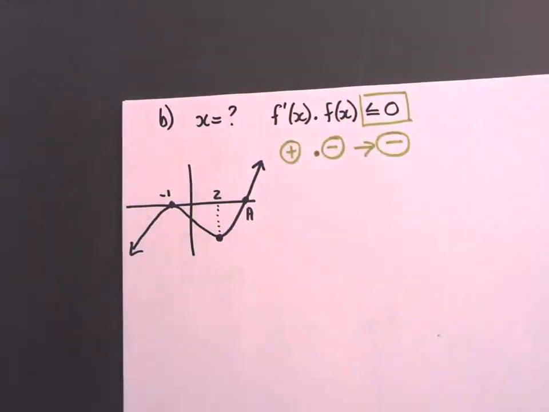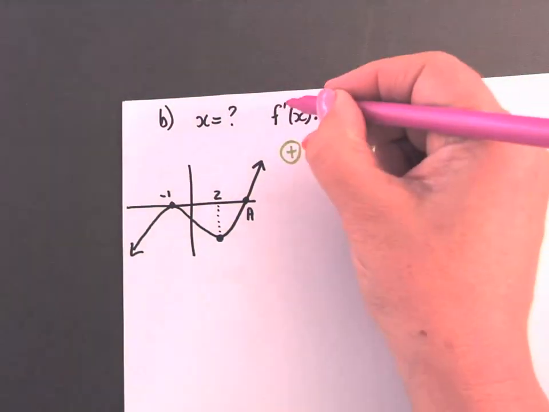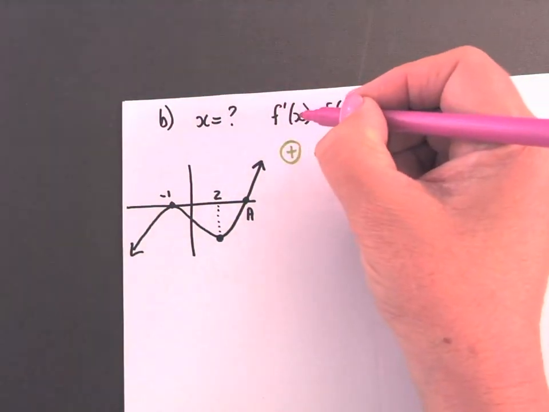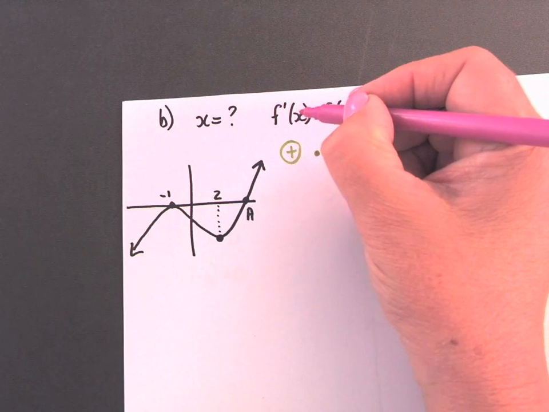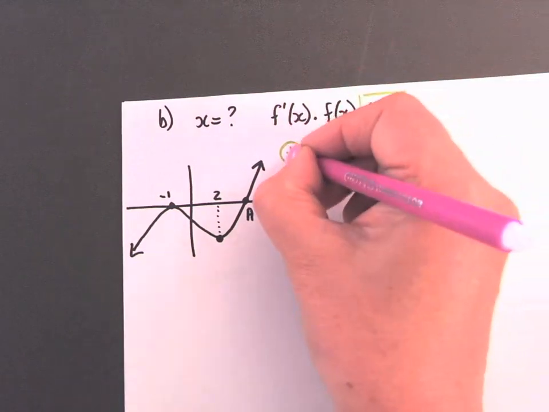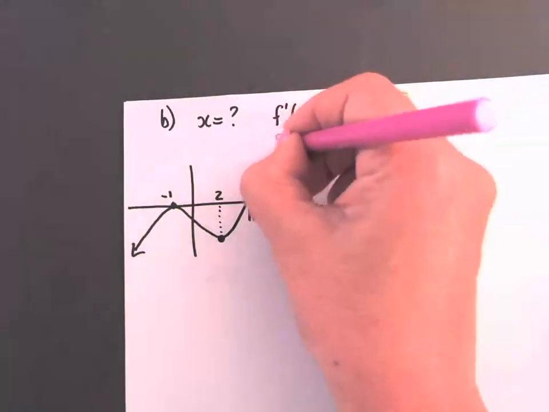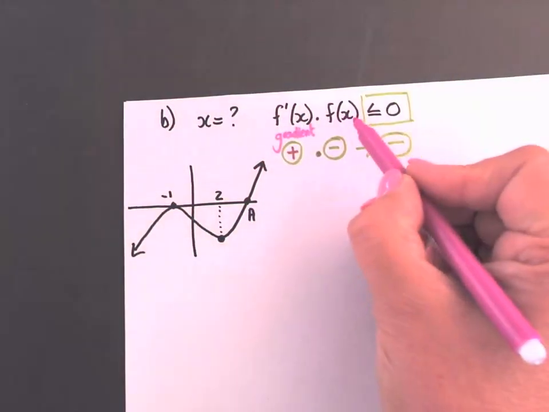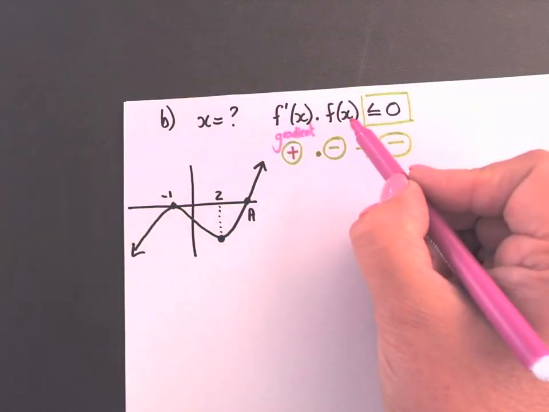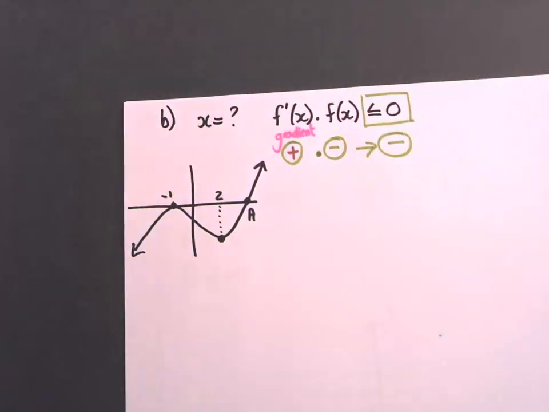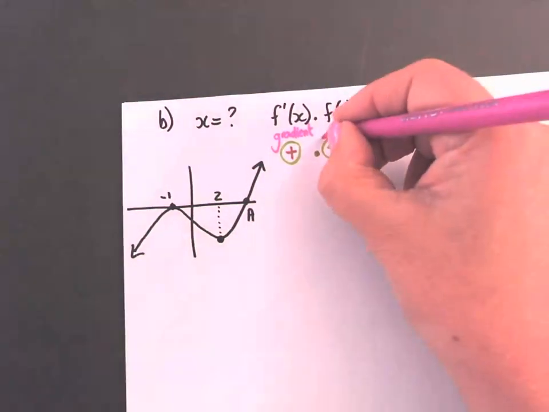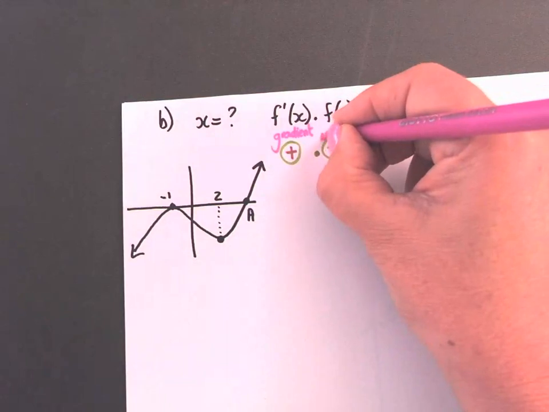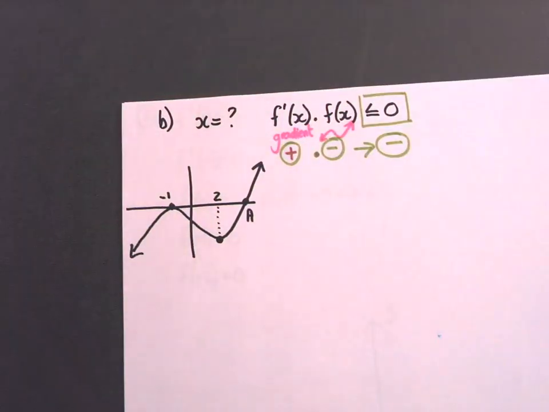But how do I interpret that? You say, f'(x), what does that represent? Gradient. So where's the gradient positive? What does f(x) represent? Yes, the picture, the graph. Okay, let's say the graph. Now you have to put it together.